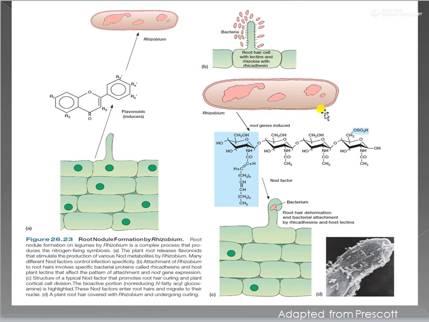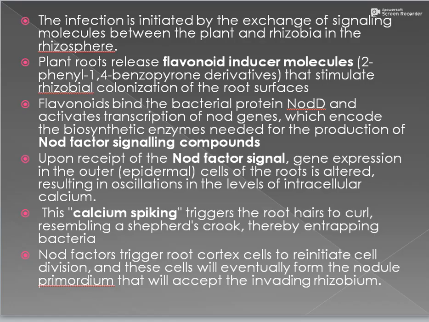Once such interactions happen, the nod genes in the rhizobium start getting activated. So for the initiation of this association, certain signaling molecules have to be transferred between the plant and the rhizobium.